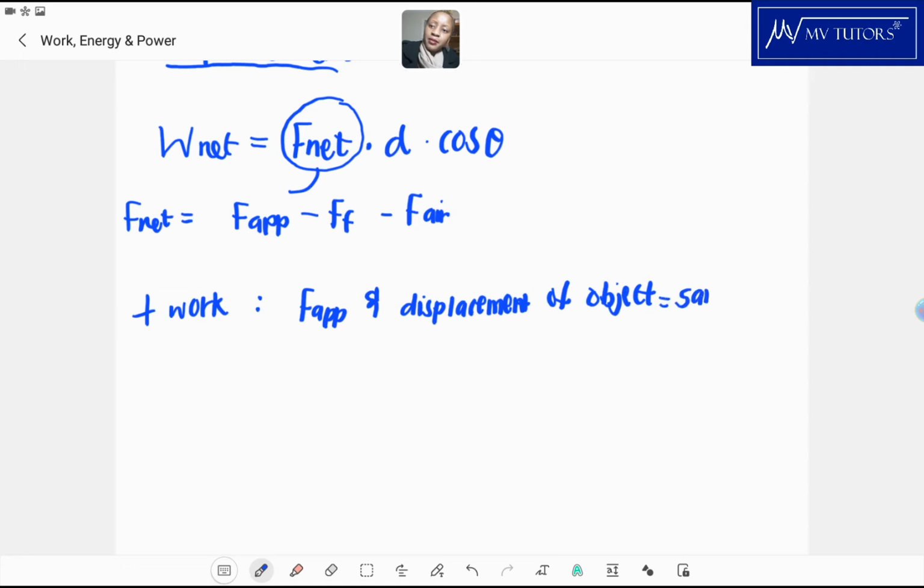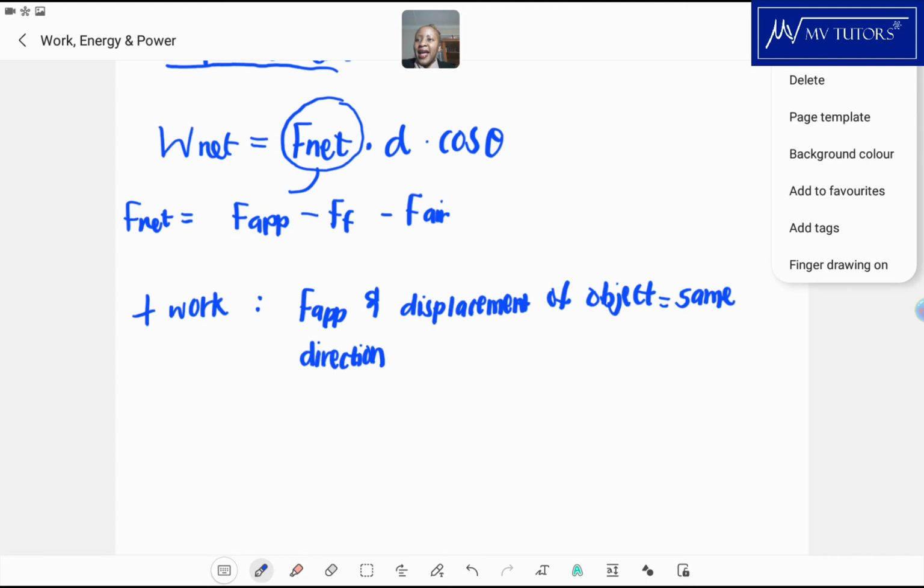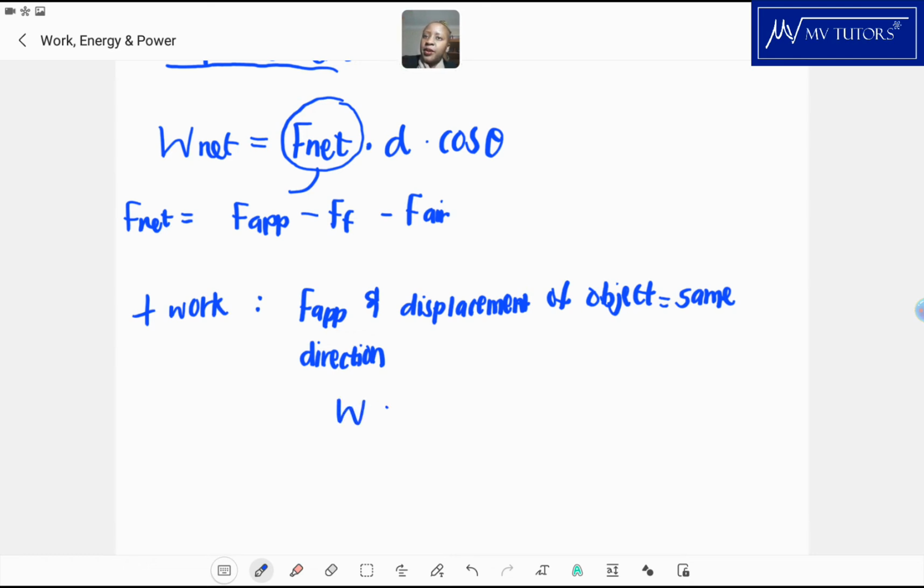Same direction. Looking at your equation, work is equal to force times displacement times cos theta.